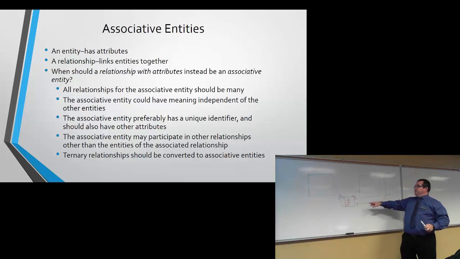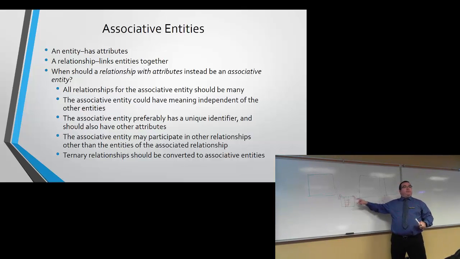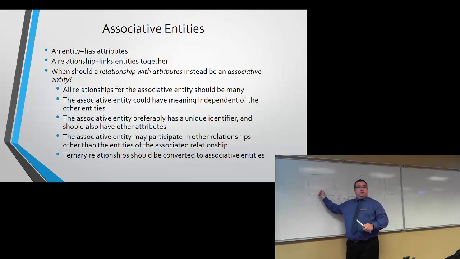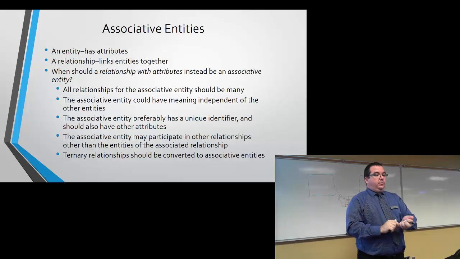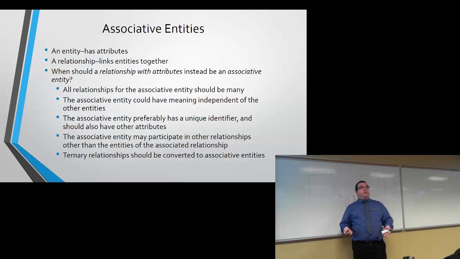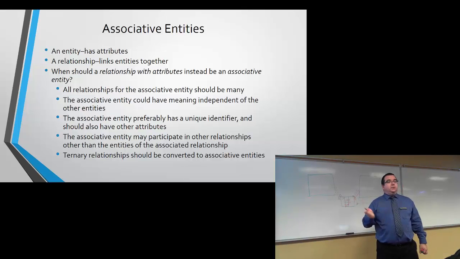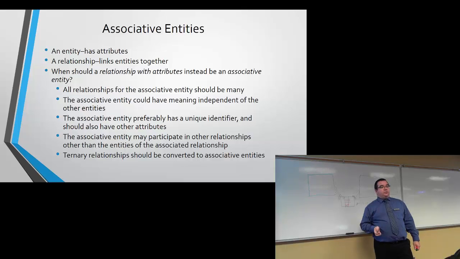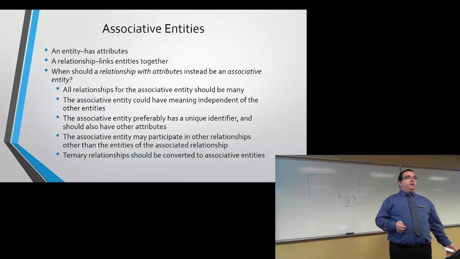This one, you can create an instance of this every once in a while only referring to this guy, but not to these guys. You shouldn't be creating those either. That means at that point, you're looking at creating a completely new relationship, not an associative entity. Because associative must have some of all of the things that participate in it at all times. That's an associative entity. Otherwise, you're looking at a relationship with attributes.